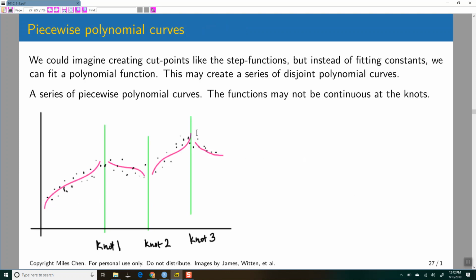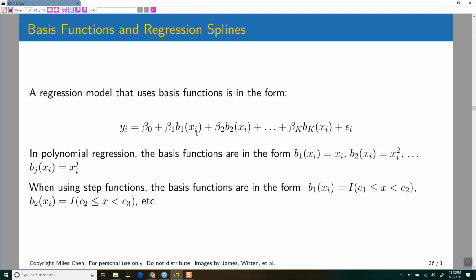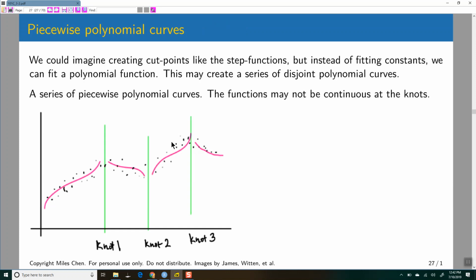And so what we're going to say is, let's allow these things to be little piecewise polynomials. You might say, maybe I want to fit a cubic function to this portion.